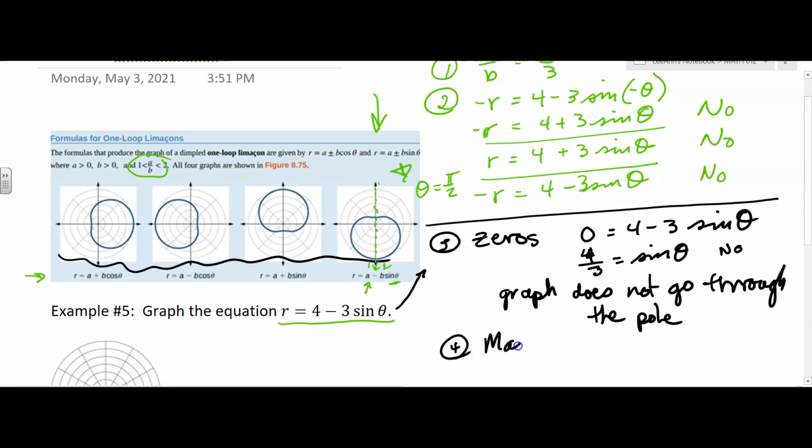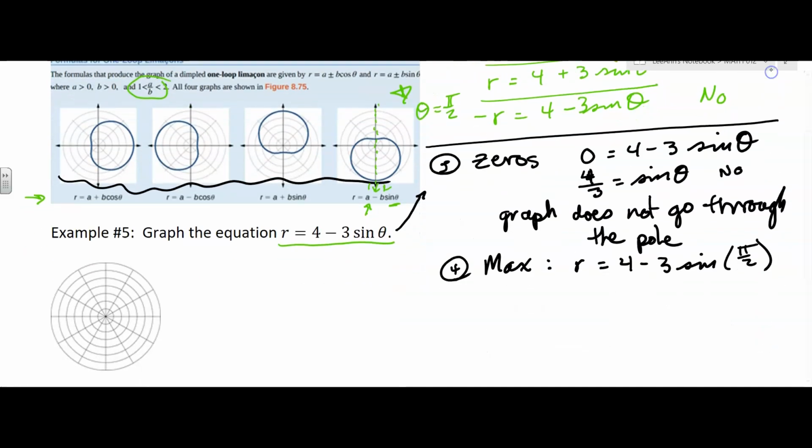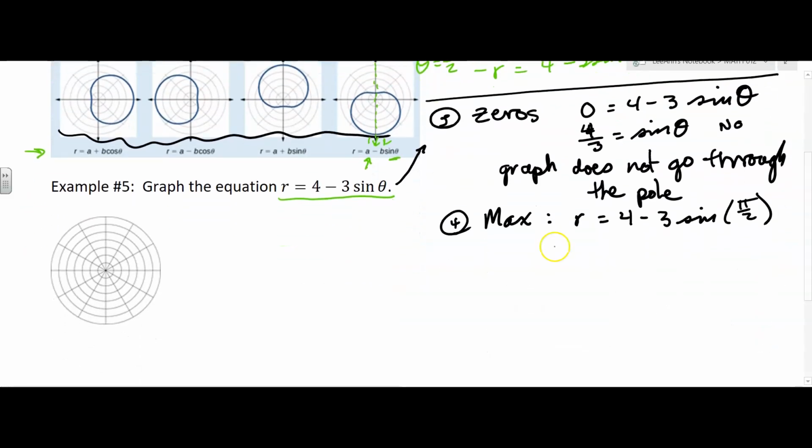So, could we get a maximum situation? Well, we know that for sine theta, the maximum output is 1. So r equals 4 minus 3 sine, and that occurs at pi over 2. So we're going to get r equals 4 minus 3, which is 1.